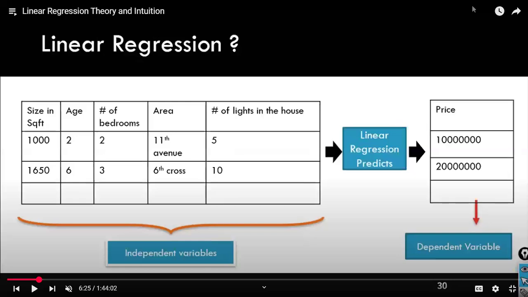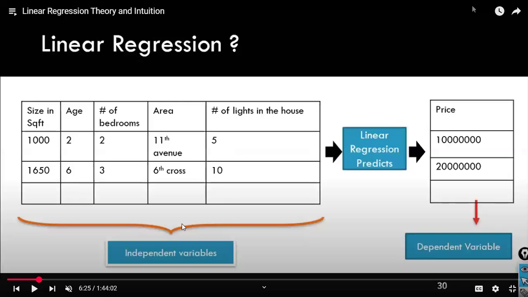Okay, so 2,000 square feet in Adyar or Besant Nagar, what you're saying is correct, around 2.5 crore. So in this case, the price varies based on the square feet, the age of the house, sometimes the number of bedrooms, and the area also matters. Hence, the price depends on these factors. The price is driven by these factors. These factors influence the price.